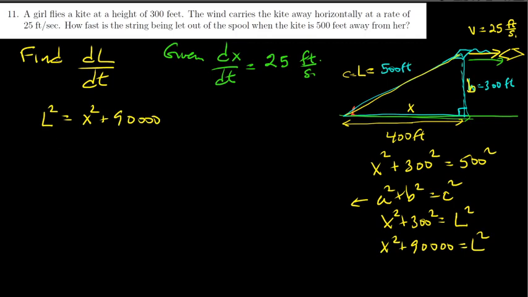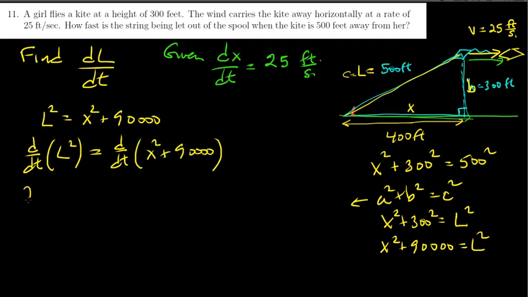So instead of taking the square root, why don't we just take the derivative as it is, implicitly? Oops, that's the second derivative. We just want the first derivative. So this will be 2L times the derivative of L. And that's going to be 2x times the derivative of x. And then the derivative of 90,000, of course, is 0.